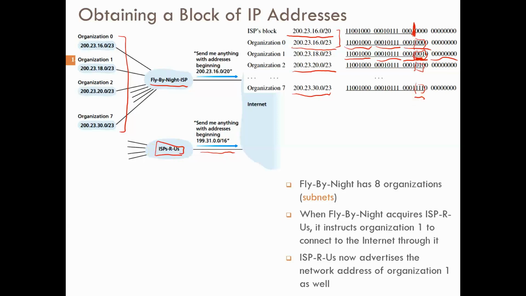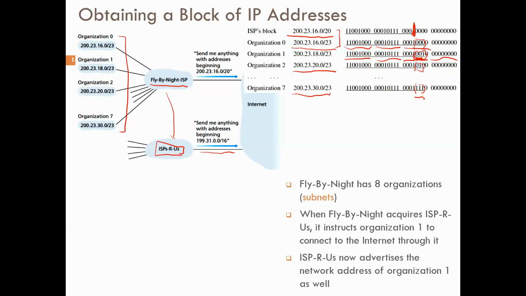Okay. Now let's say that Fly-By-Night has purchased ISPs-R-Us, has purchased all its resources, its IP address space, its routers and switches and all of that. This acquisition allows Fly-By-Night to connect a larger number of customers and to serve them in a better way because now it has a bigger, more comprehensive infrastructure.